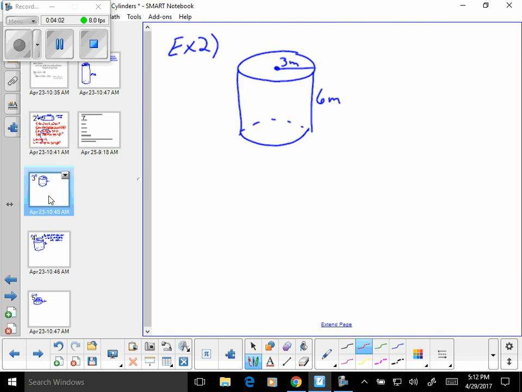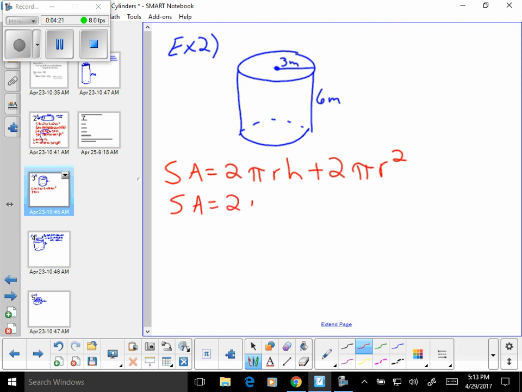Let's look at example 2. In example 2, they give us the radius again, so that's kind of nice. We're going to start out by finding surface area. 2 pi r h, that's your curved surface, plus 2 times the area of the circle, pi r squared. 2 times pi, radius is 3, height is 6, plus 2 pi.